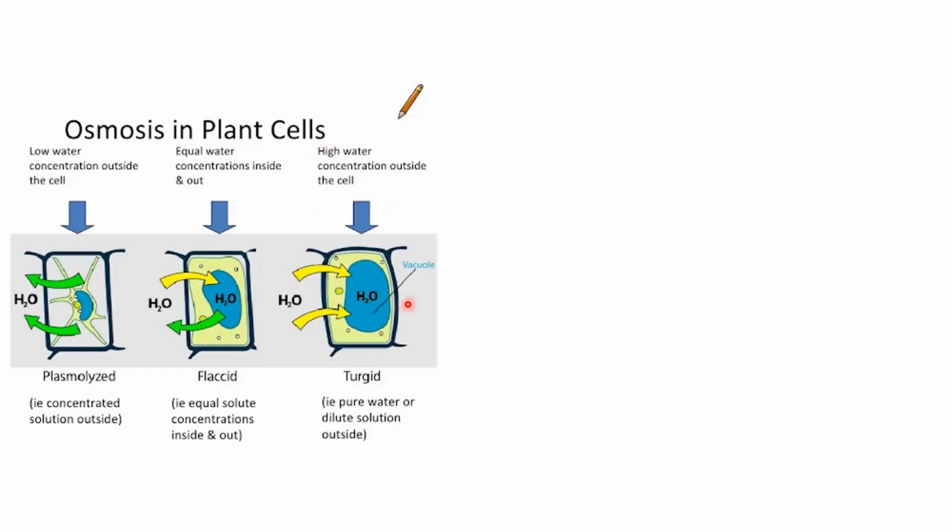If you give too much water to the plant, it will have a higher concentration of water outside. So the water is going to enter into the plant cell continuously, and it will make the shape rigid or turgid. It will put a lot of pressure on the plant cell, right? Did you understand? Okay. So because of this condition outside, the water is going to move inside the cell.